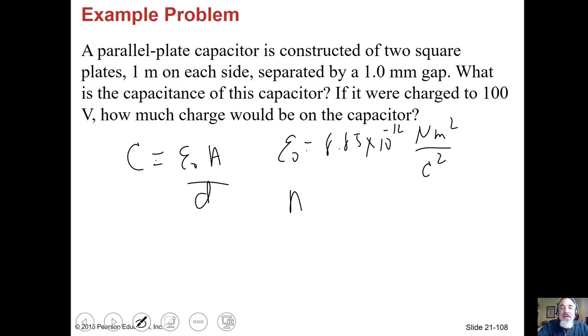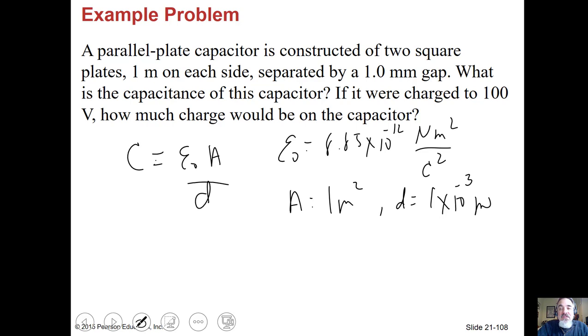The area is going to be the area of one of the plates. So parallel plate capacitor, 1 meter on a side. So the area, 1 times 1 will give us 1. Now the separation between the plates is also given. It's 1 millimeter. So be careful, this would have to be 1 times 10 to the minus 3rd meters.